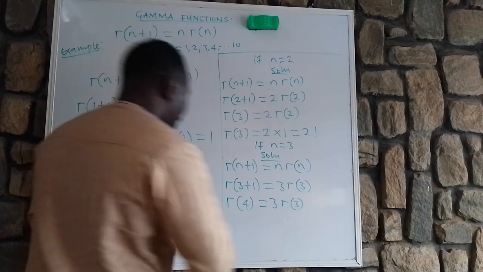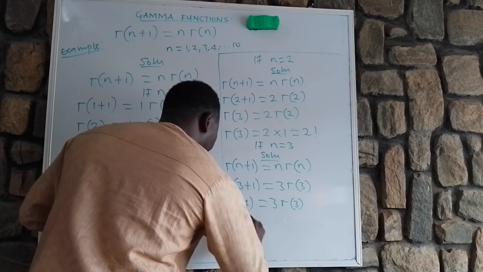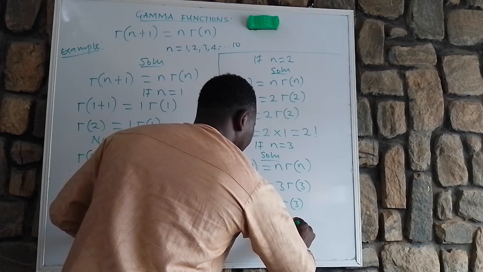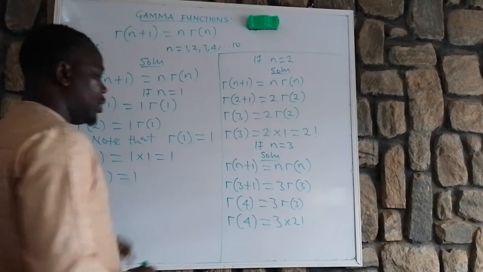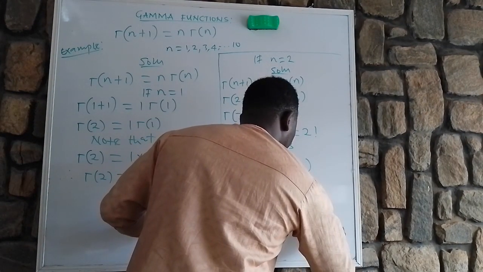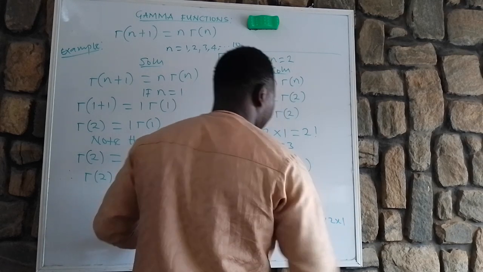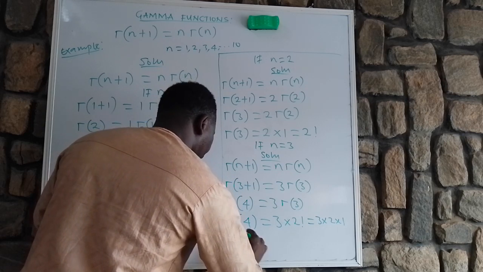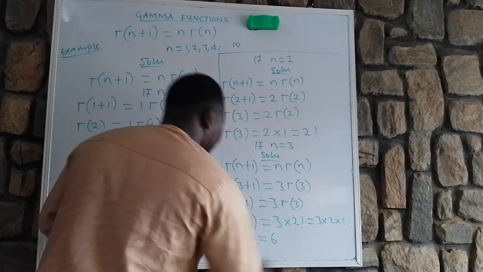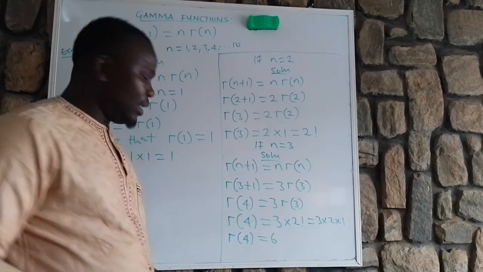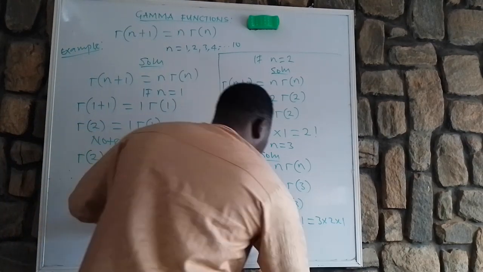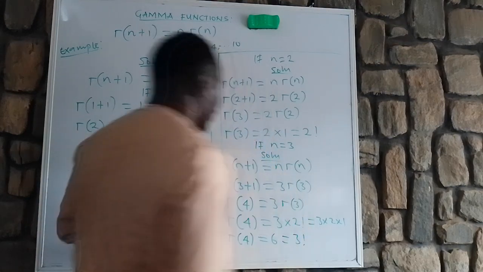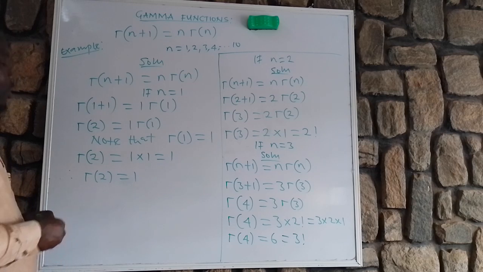So our gamma of 4, the left hand side, is going to give us 3 times 2 factorial, which is the same thing as 3 times 2 times 1, isn't it? Which is the same thing as gamma of 4 is equal to 6. But if we want to leave it in factorial form, gamma of 4 is equal to what? 3 factorial. True or false? Do you agree with me?